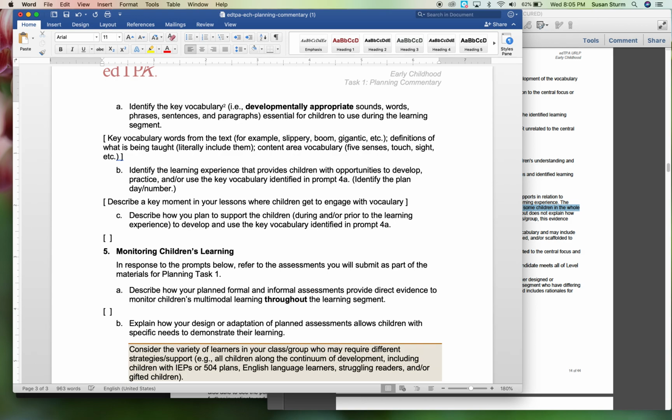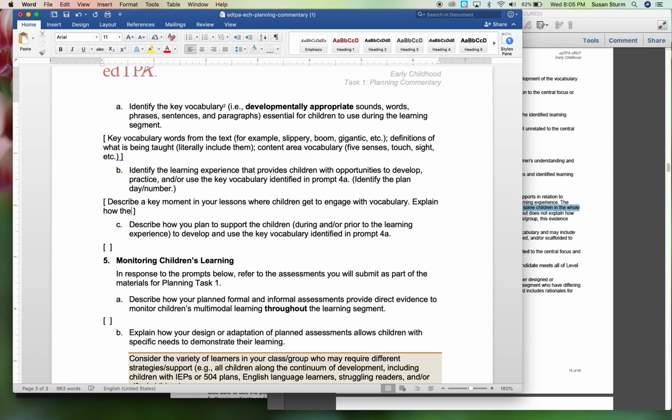And we're talking here about how they can explain how they do 3 things: develop, practice, and use the key vocabulary in that lesson.